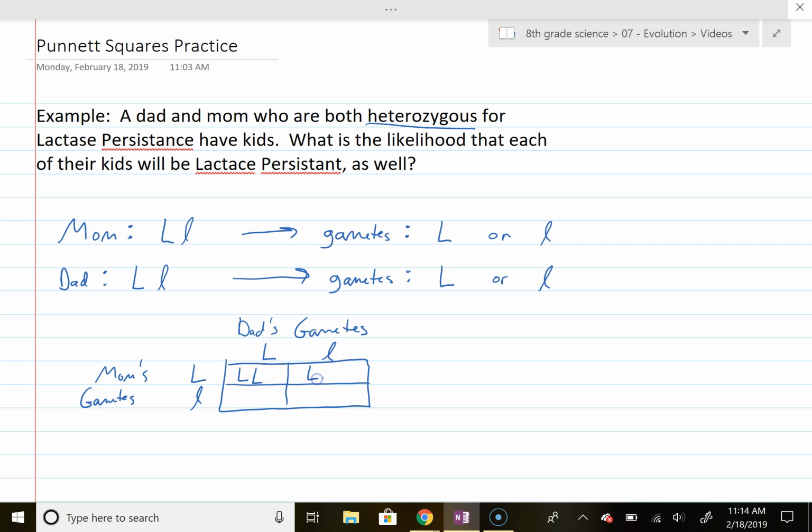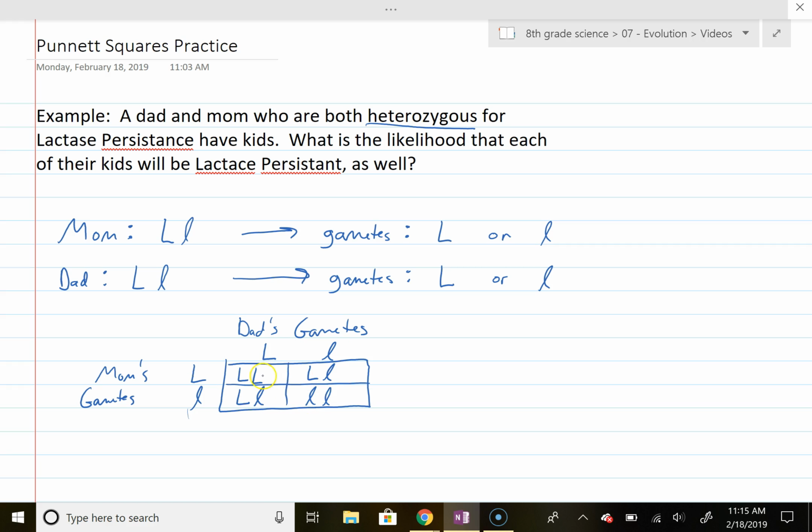So we'll just do big L, little l, just like mom and dad. Here we'll have the same sort of thing. We have a big L up top, a little l on the side, so big L, little l again. And then here, little l up top, little l on the side. Little l, little l.